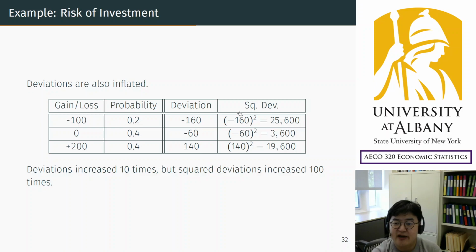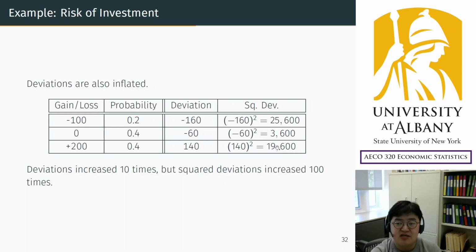The problem happens here. Now you need to square them and take the square of minus 160. It becomes 25,600. Right? As you see, the numbers become more complicated.